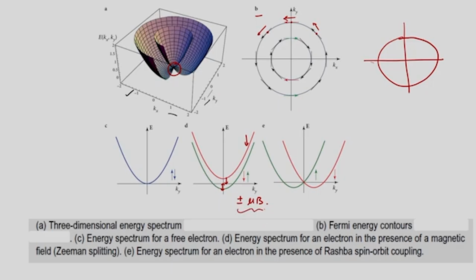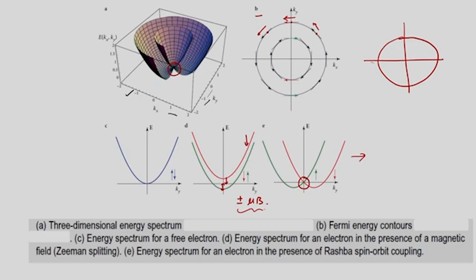As opposed to the Zeeman term, you see the Rashba term, where the two parabolas get segregated laterally, that is in this ky direction, and the red and the blue, corresponding to the down and the up spins, only meet or intersect at k equal to 0.